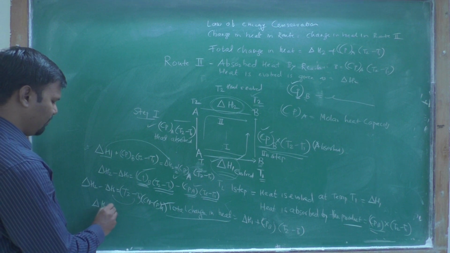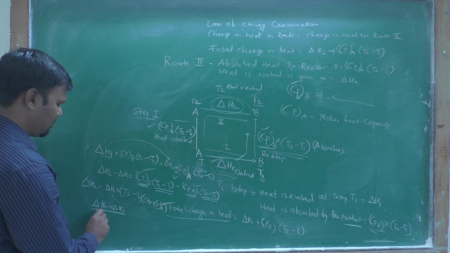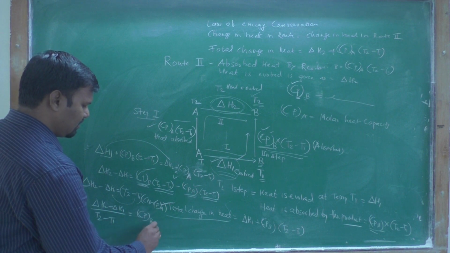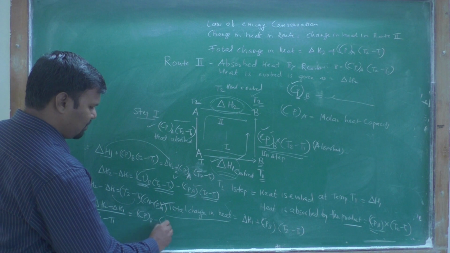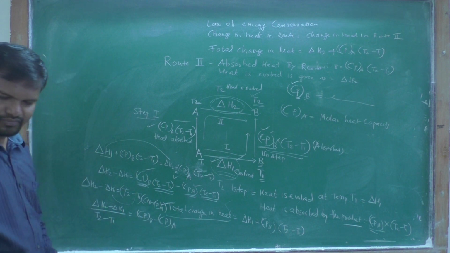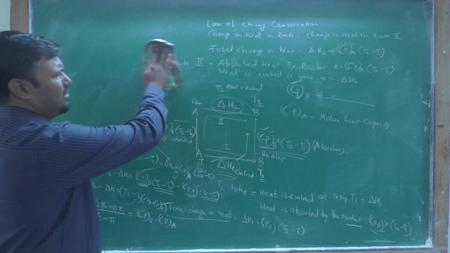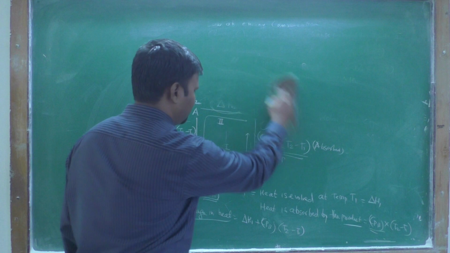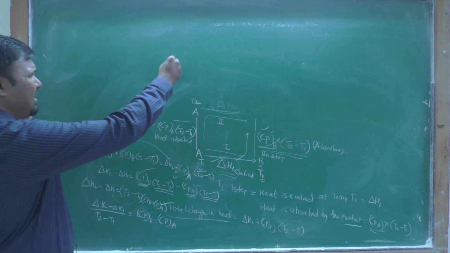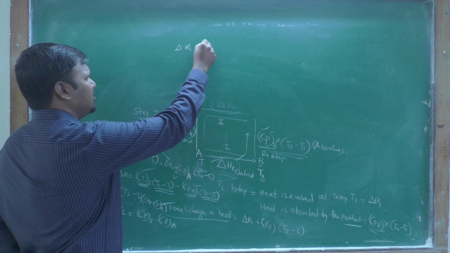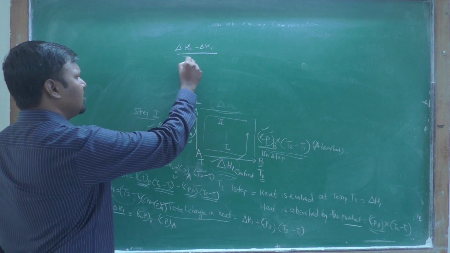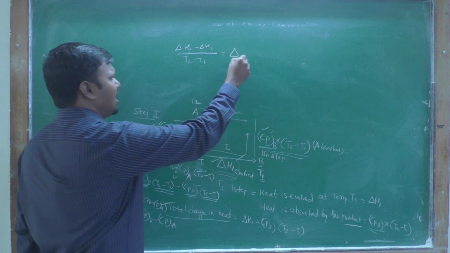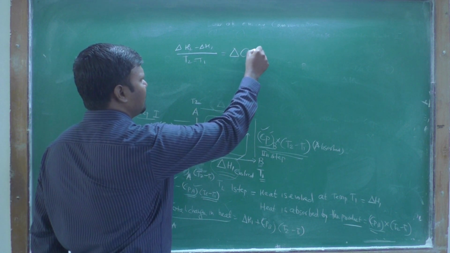Then delta H2 minus delta H1 upon T2 minus T1 is equal to CPB minus CPA, which is equal to delta CP.